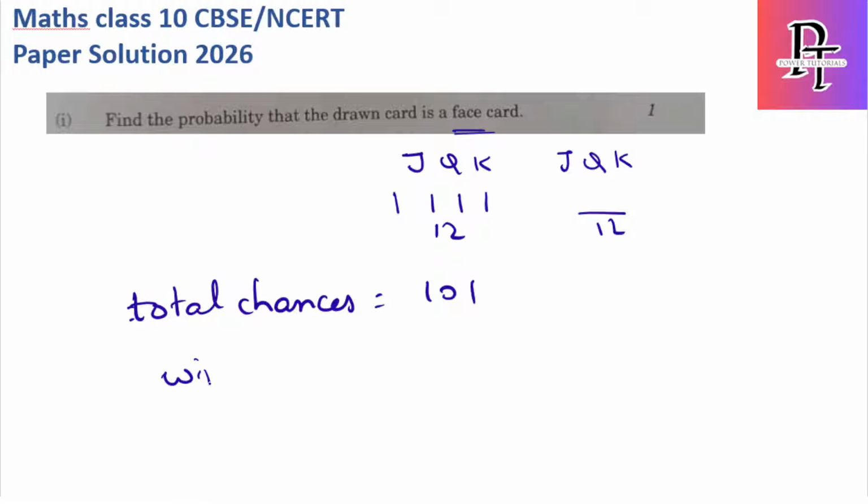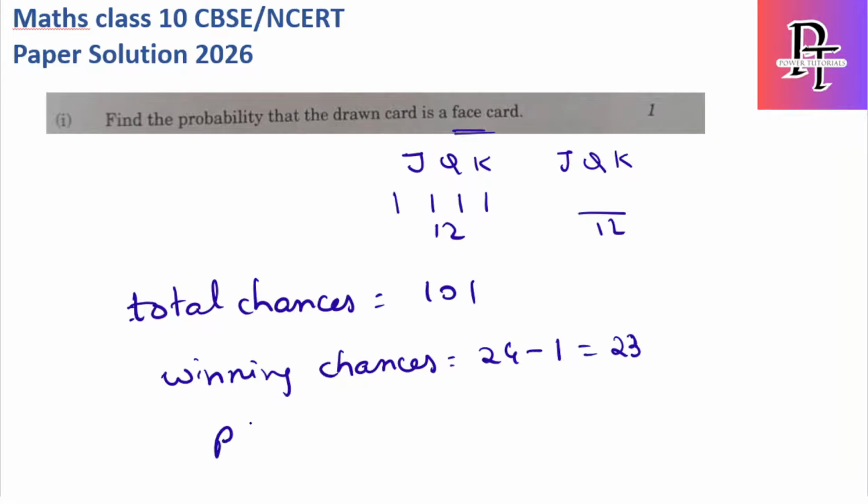Winning chances: how many are there? Here 3 times 4 is 12, and again 12, 12 plus 12 is 24, out of which 1 Queen is already removed, so I am excluding 1. So how many face cards do I have? I have 23. And the total chances are 101.